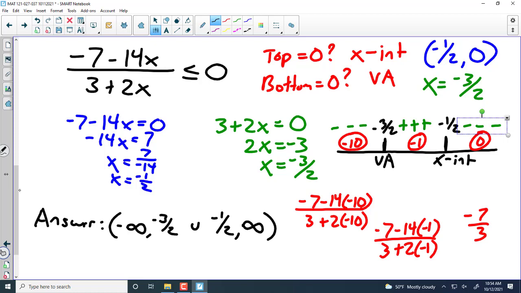Which one of those gets a parenthesis? Negative 3/2 or negative 1/2? Negative 3/2 because it's the vertical asymptote. And negative 1/2 gets a bracket because it's the x-intercept. And we're done.